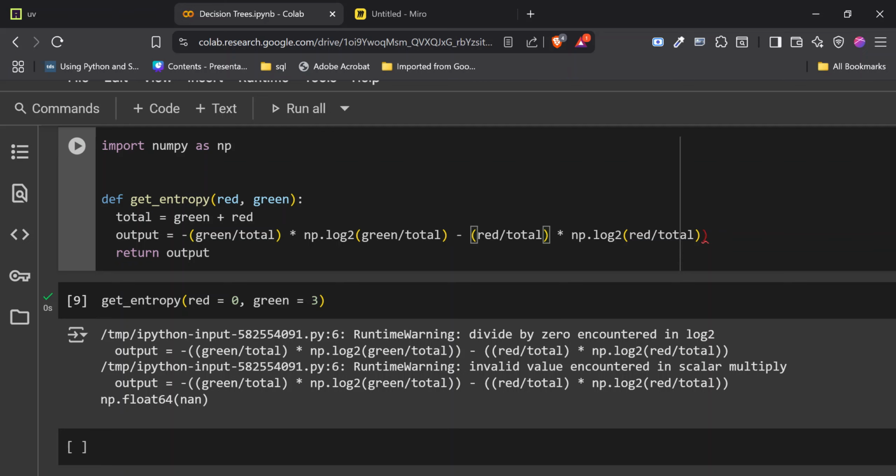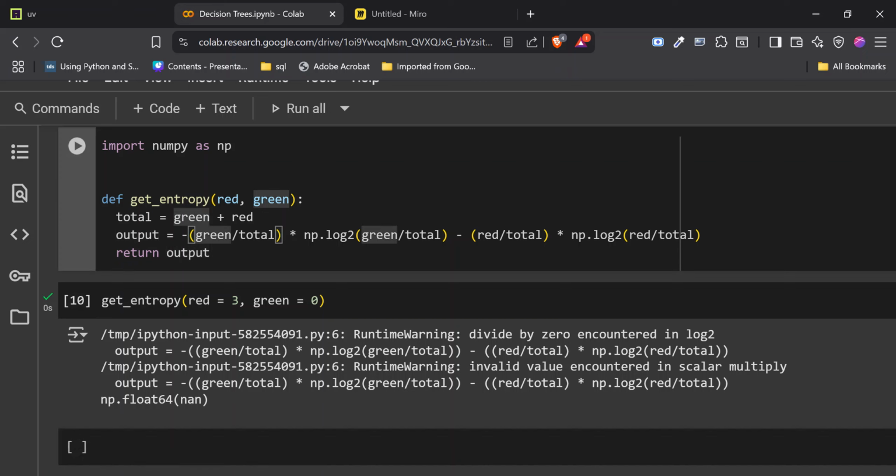We should not be dividing by 0 anyway, because our total, red plus green, is going to be some actual value. If I flip this and go 3 and 0 here, yes, there's something wrong somewhere.